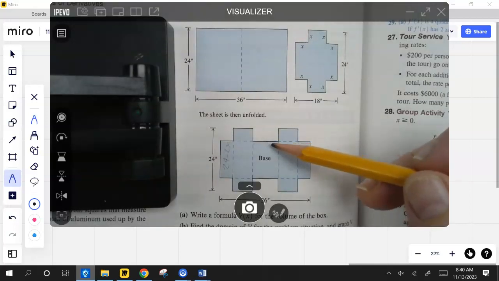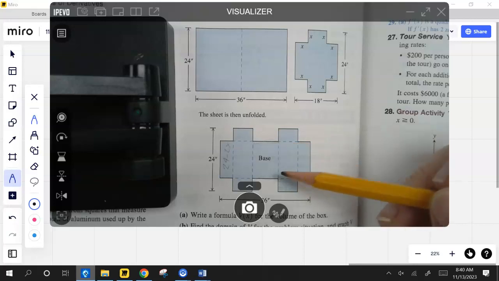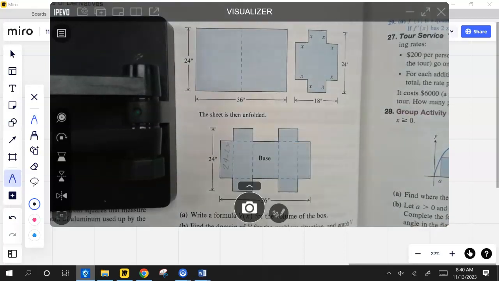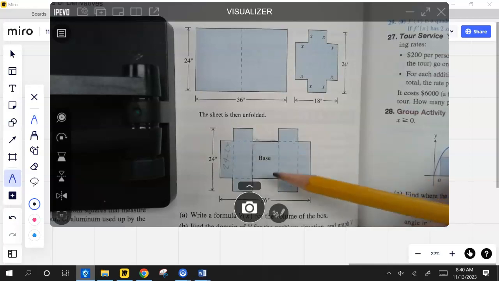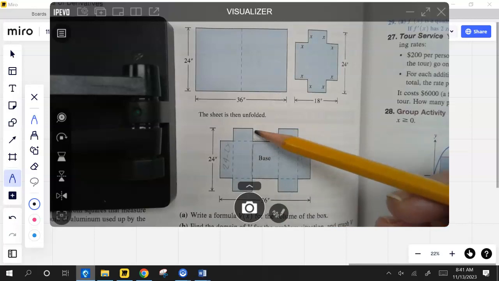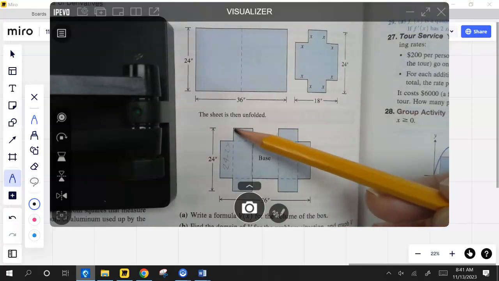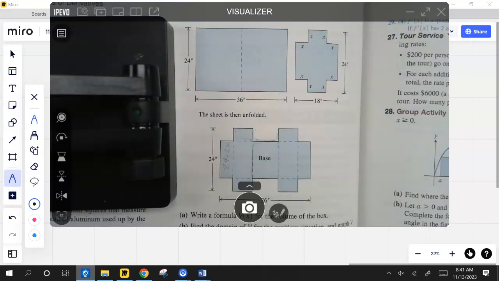What did you get? 36. All right, so this is my length and this is my width. Do you agree? My height should be x. This should be the same for my height, right? What is this corresponding to? Is that also my?